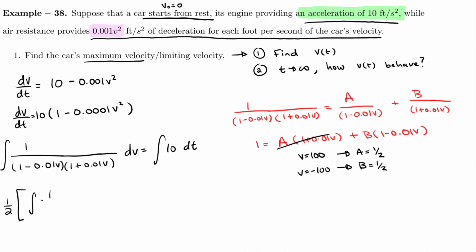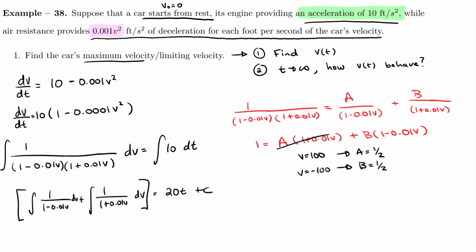But we're left integrating 1 over 1 minus 0.01v dv plus the integral of 1 over 1 plus 0.01v dv equals 10t plus c. Let's also multiply both sides by 2, and we'll get 20t plus c.